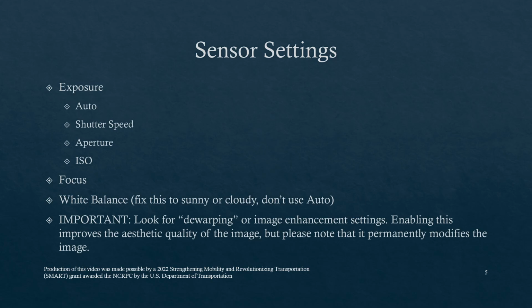White balance goes often ignored. A lot of times it's set on auto, but this can lead to some variability in how the images look. So I always say it's better to fix it to sunny or cloudy, depending on what the conditions are. And then it's also important to look, very common, there's a de-warping setting or an image enhancement setting where the drone will do its own internal enhancement of the image.